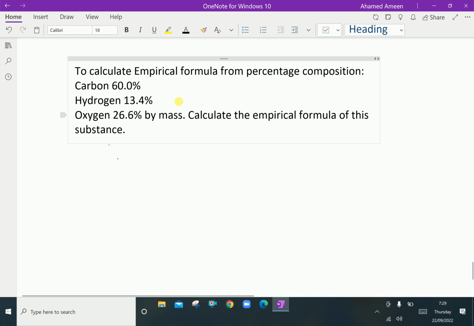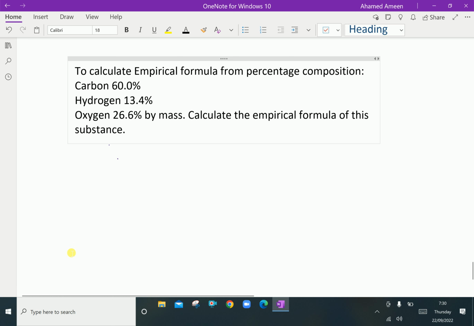Here, calculate the empirical formula for a percentage composition of carbon 60%, hydrogen 13.4%, and oxygen 26.6% by mass. Calculate the empirical formula of this substance.